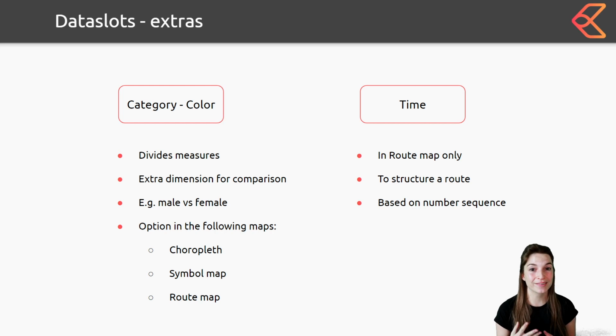But know that some of our maps also have a third data slot, for example, category or color. You can use this one if you want to compare your data over different categories as well, for example, female to male. Secondly, we also have time data slots in our route map. This will make sure that your different data points are in the right sequence. I will also show you in Camelayo later on how you will do this.